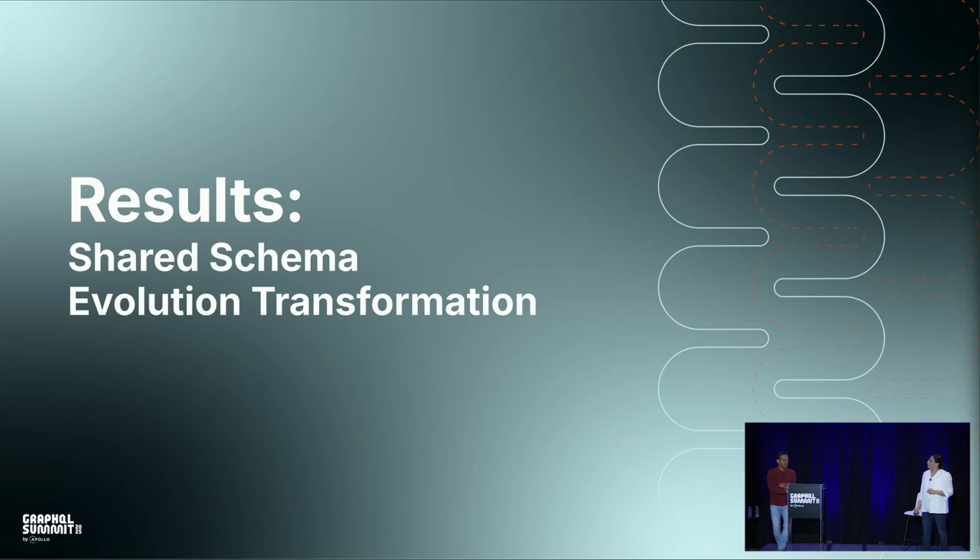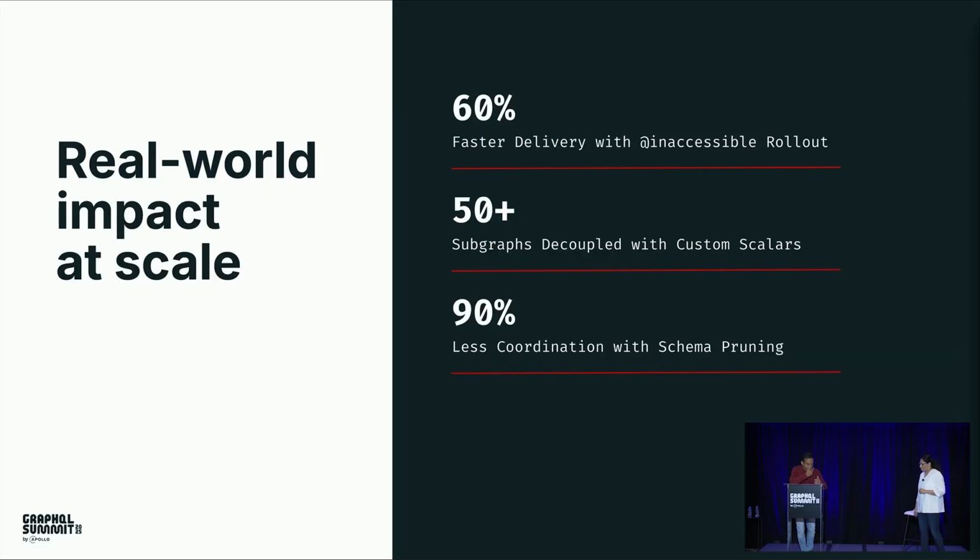So the results of these three activities that we did on schema, evolving shared type schemas, are here. Next slide, please. So the first thing that we did was inaccessible automation. That eased the coordination burden and enabled faster delivery. The custom scalars allowed subgraph teams to evolve the enumerated type without coordination.